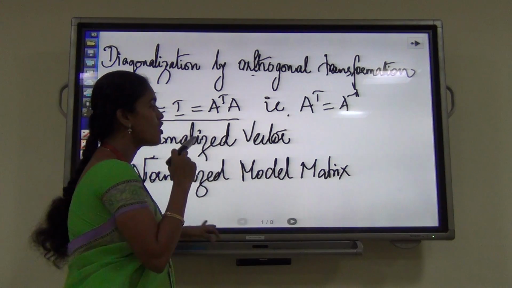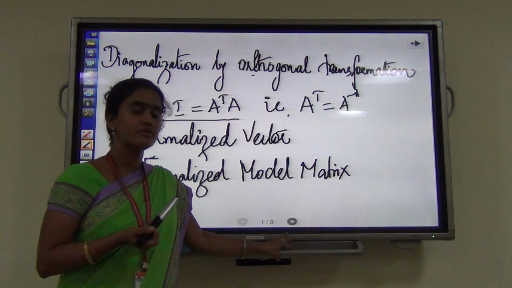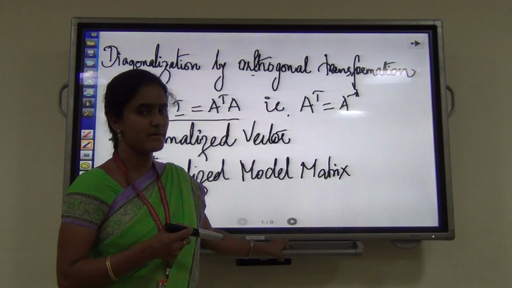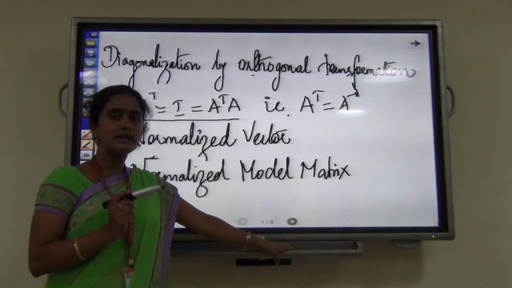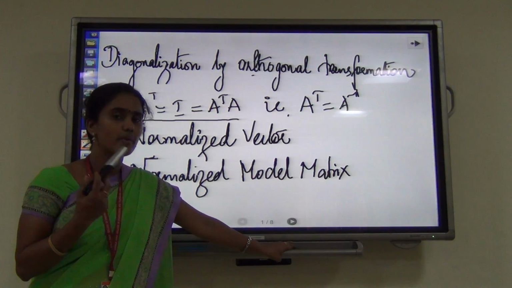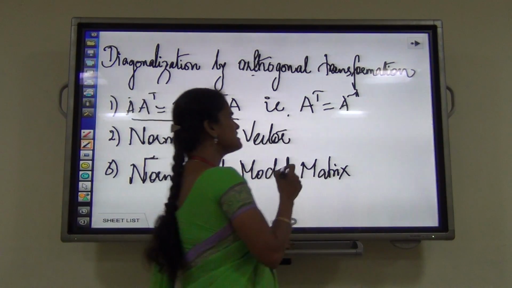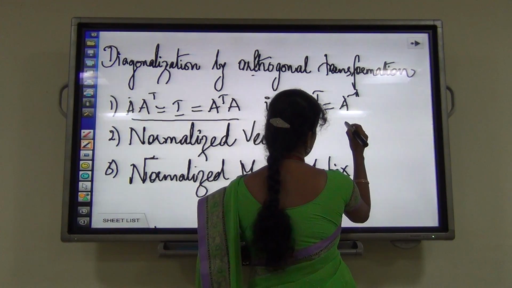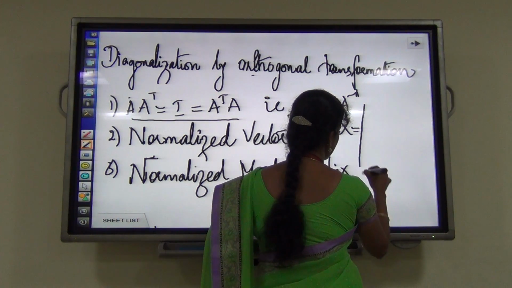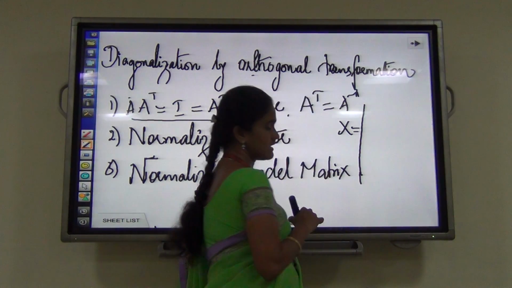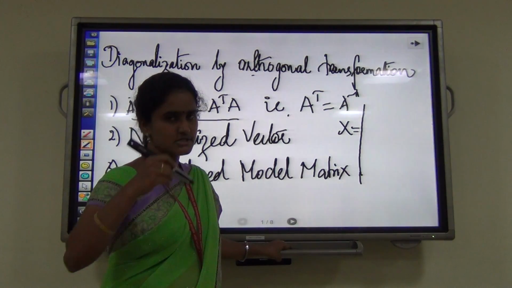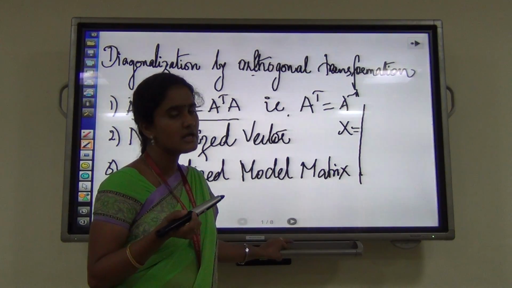The next thing is normalized vector. We know how to get the eigenvalue and the corresponding vector for any square matrix. Here is a way where we can find the normalized vector. If your capital X is x1, x2, x3, usually we represent the vector as a column vector according to the order of the square matrix.